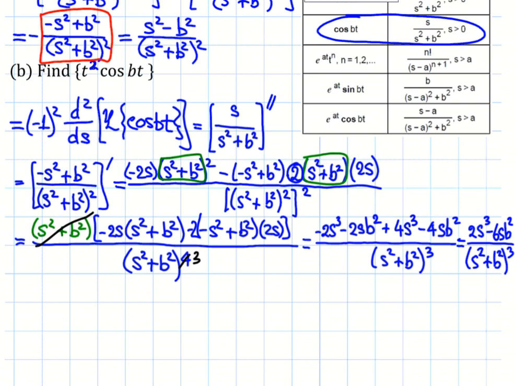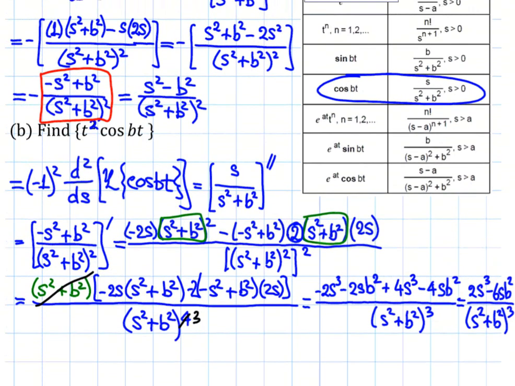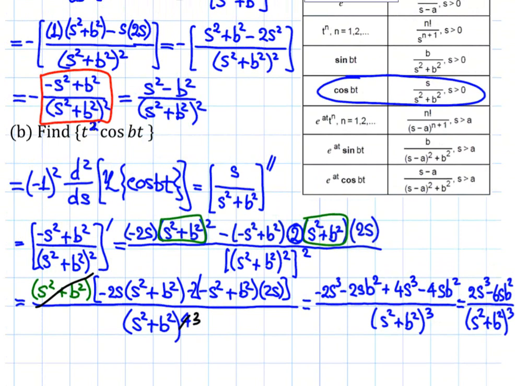So when we take the Laplace transform, when we have t to any power, that power will be the power of the negative 1 and the order of the derivative. So here we have the second derivative. And that's what we have.